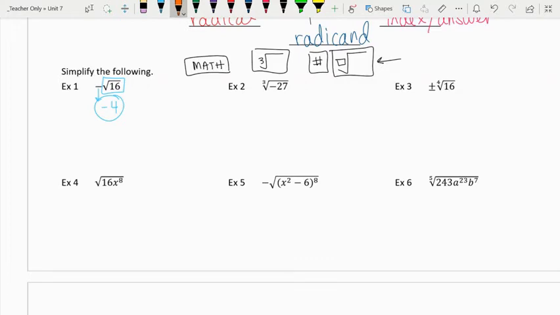On the next one, we have the cubic root of 27. So we are going to have to try and break it down. Maybe you remember what the cubic root is, but we have 3 times 9, and 9 is 3 times 3. Now, so far, we have always looked for pairs, but that's because we were always talking about square roots. Now we're talking about a cubic root, so we're not looking for pairs anymore. We're going to look for groups of 3 because it is a cubic root.